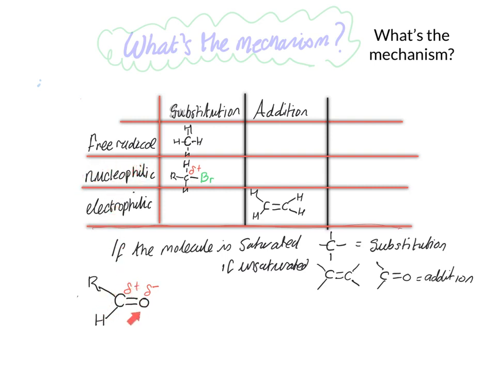But because it's unsaturated, things can add on, it's going to undergo nucleophilic addition. Looking at the molecule and seeing if it's saturated or unsaturated, we can easily predict the reaction mechanism. So for alkanes, we can say they undergo free radical substitution.